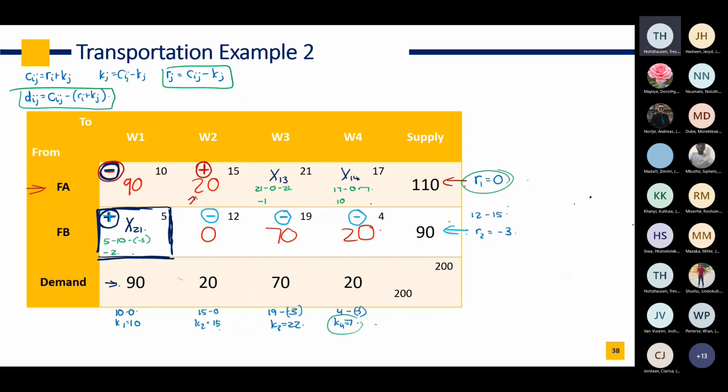Now, when you look at this, remember you have to make sure that all your constraints still remain met. So you need that loop function occurring. In this case, the only loop you can have is, this is a given, you have to have that one. And because this is the only positive one available, you have to go to that one there.